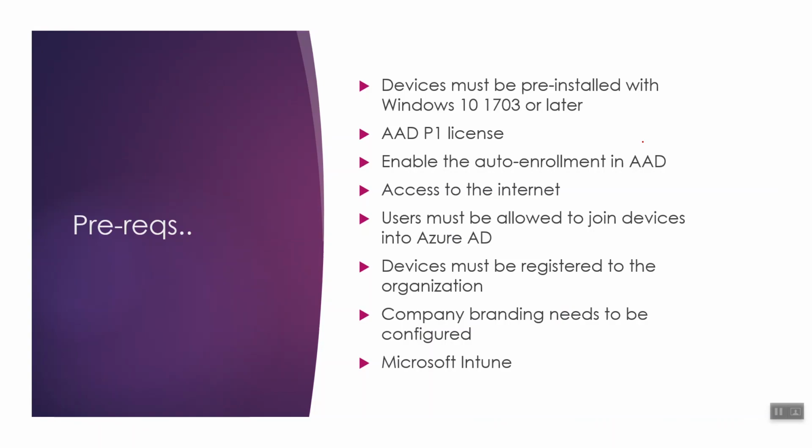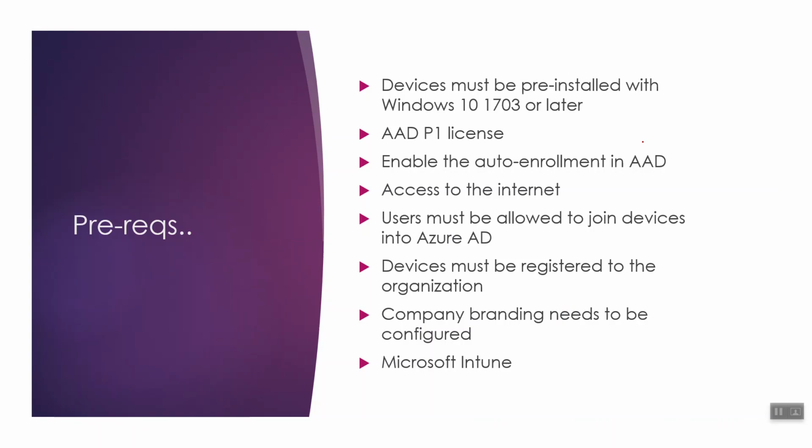We are customizing the out-of-the-box experience of the user, and after that experience is customized, we are deploying the apps, the configuration policies, the compliance policy, and we are bringing the device to business ready. So using Autopilot, we cannot deploy an operating system. The operating system needs to be there on the device, and Autopilot takes care of the customization.